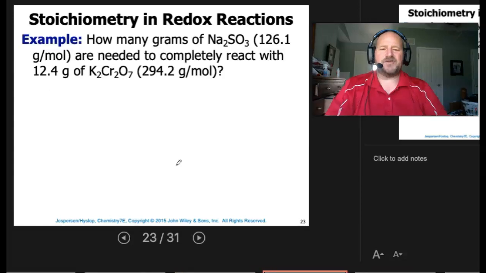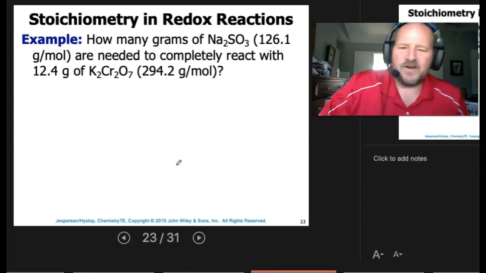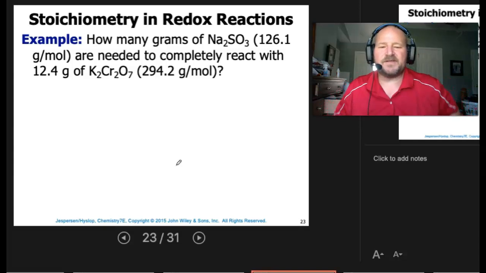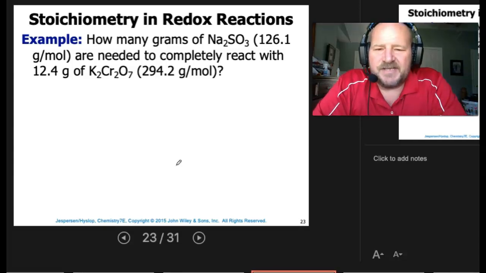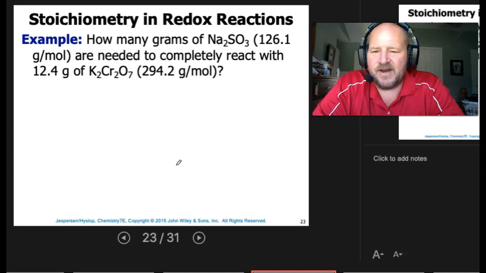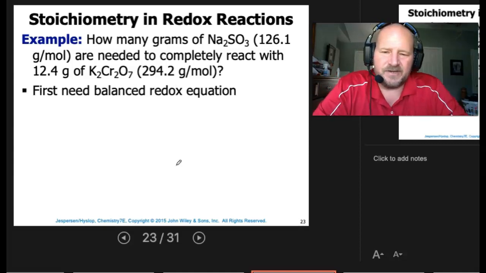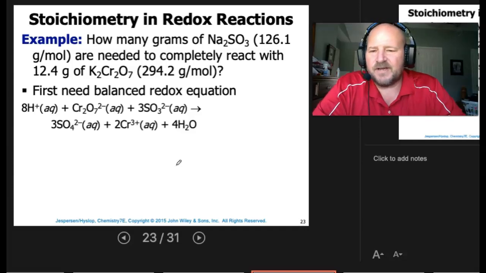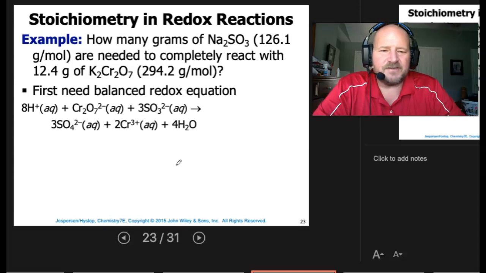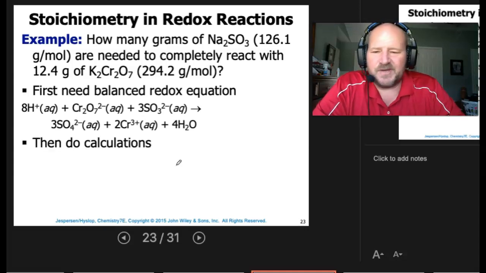So stoichiometry and redox reactions: how many grams of sodium sulfite are needed to completely react with this many grams of potassium dichromate? So again, the first thing you're going to need to do here is balance your equation, which means you're going to have to do your half reactions. Once you get that, you're going to do the calculations like you would any other stoichiometry problem.